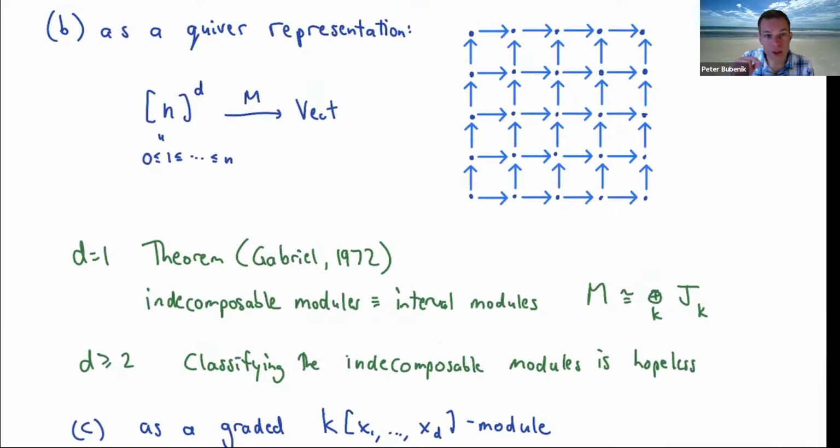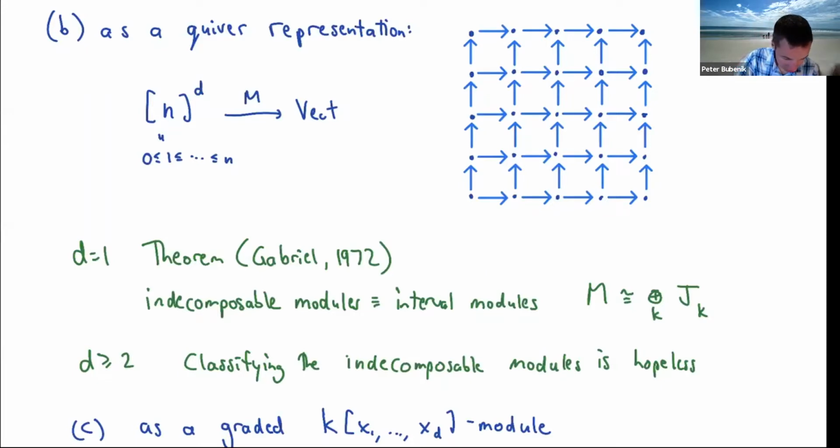So the location of your vector space on the integer lattice gives you a grading by Z^d. And then there's an action, I claim, of the polynomial ring on this. Well, the ground field just acts by scalar multiplication. And then I need to tell you how each of the variables acts.